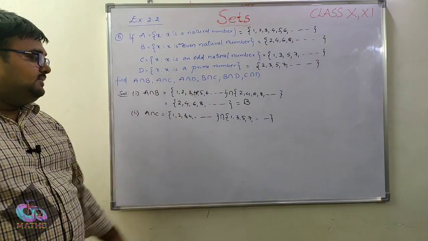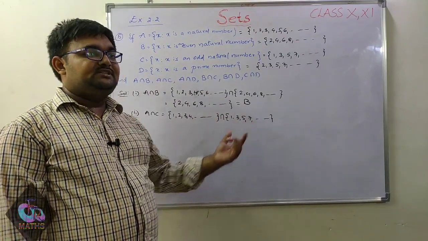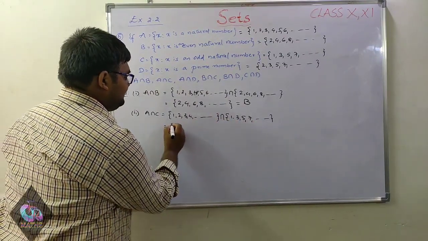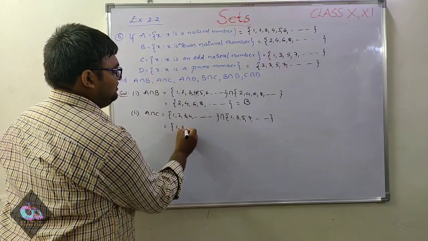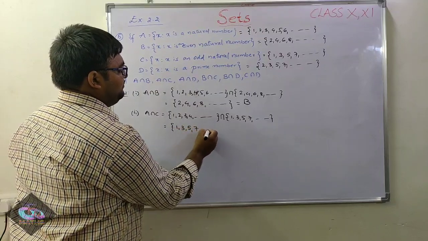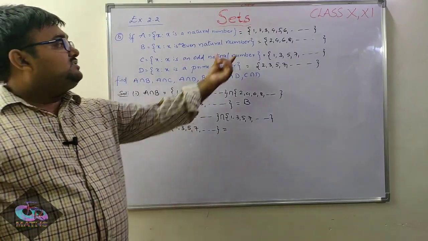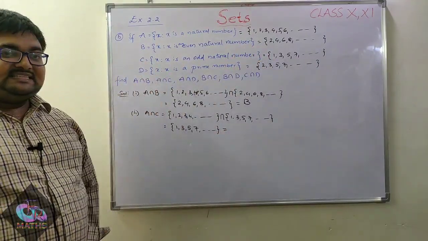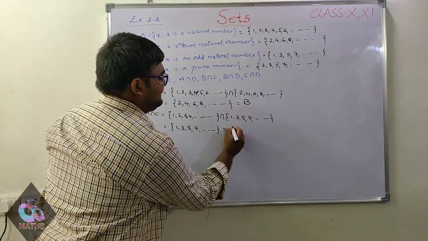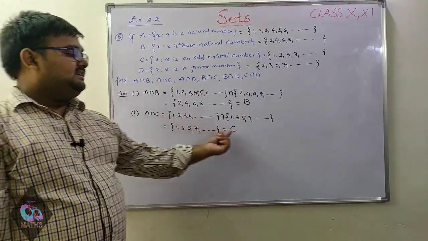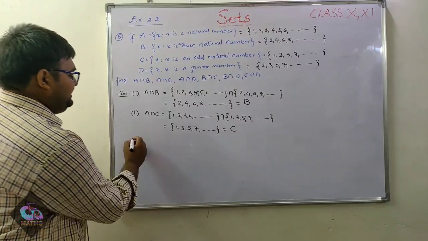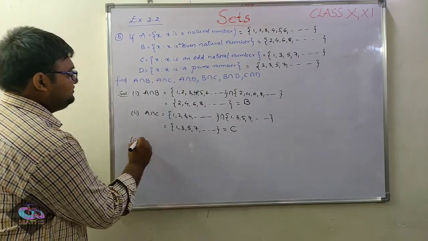If we take the common elements of these two sets, the common elements are the odd natural numbers, 1, 3, 5, 7 and so on. Clearly these odd natural numbers are represented by the set C. So I can directly say A intersection C is equal to C. Next, coming to the third question.